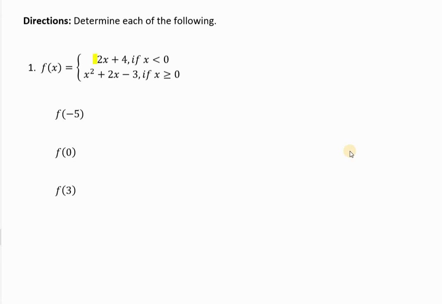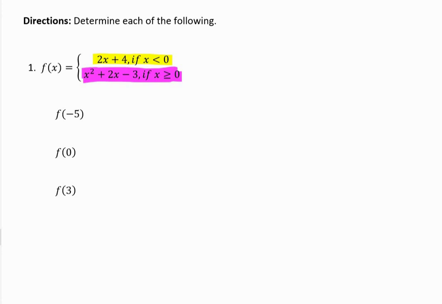f of x equals 2x plus 4 if x is less than 0, and it's going to equal x squared plus 2x minus 3 if x is greater than or equal to 0. So my first problem I need to figure out is f of negative 5. Well, where does negative 5 fall?